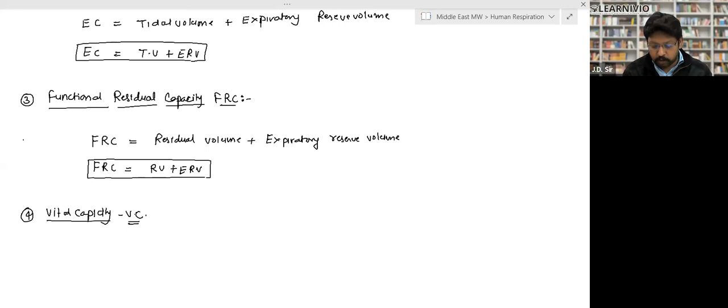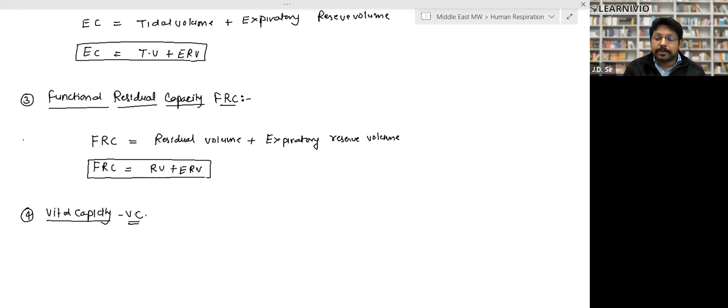The maximum volume of air a person can breathe out after a forceful inspiration is called vital capacity.